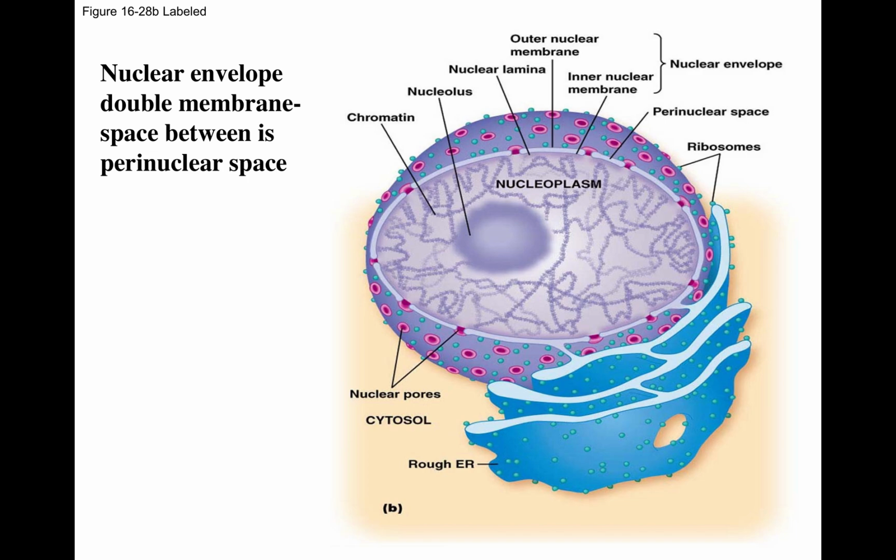The nucleus has a very interesting structure in that there are hundreds to thousands of nuclear pore complexes that traverse the nuclear envelope, and the nuclear envelope is a double membrane system with space in between the two membranes called the perinuclear space, and that is part of the endoplasmic reticulum. The rough endoplasmic reticulum and smooth endoplasmic reticulum is contiguous with the nuclear envelope.